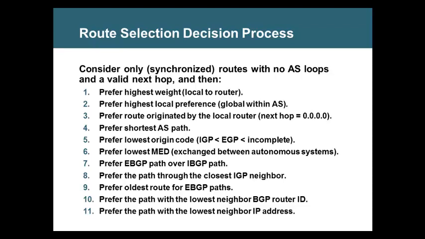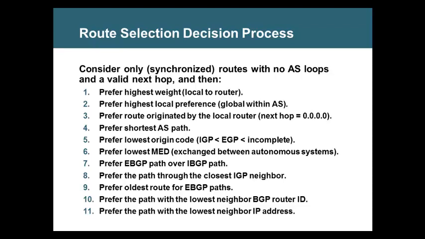Now, assume an assumption. Pretend. Imagine that our neighbor routers have the same router ID. Not possible, but assume the neighbors have the same router ID. Then it is going to choose the path with the lowest neighbor IP address. Can the IP address of the neighbor be the same for two neighbors?